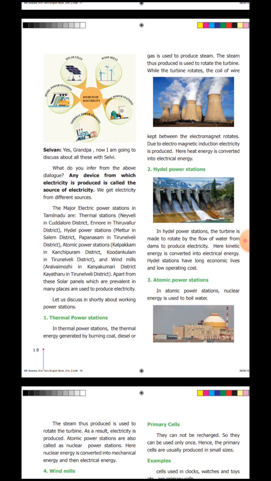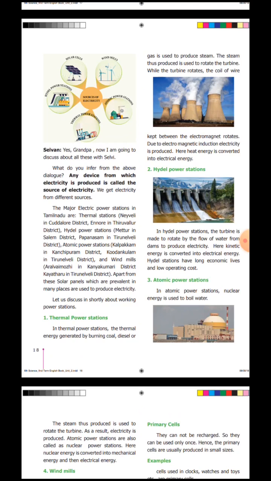Here heat energy is converted into electrical energy. Thermal means relating to heat. So while burning coal, diesel or gas, steam is produced, and that steam is used to rotate the turbine.